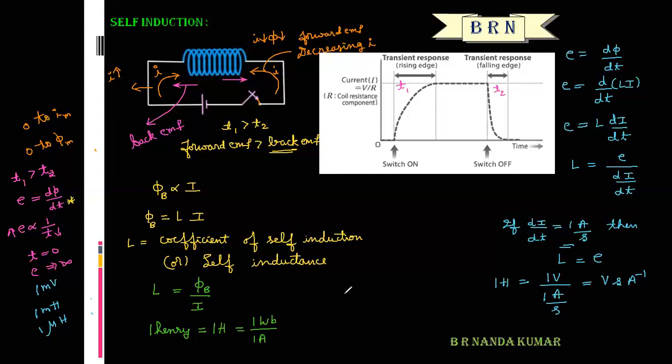What is the dimensional formula of self-inductance? Self-inductance L is actually flux Phi divided by I, and Phi is BA, so L is BA divided by I. But F is equal to BIL sin theta, so B is F divided by IL.